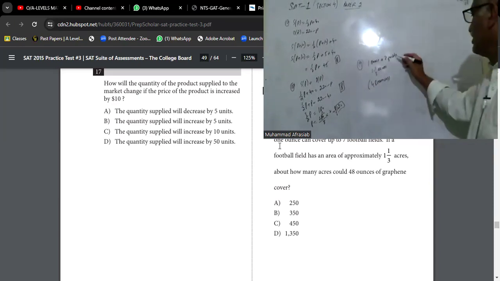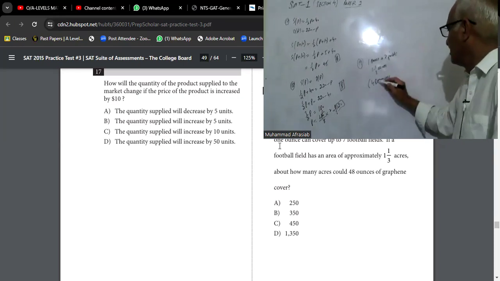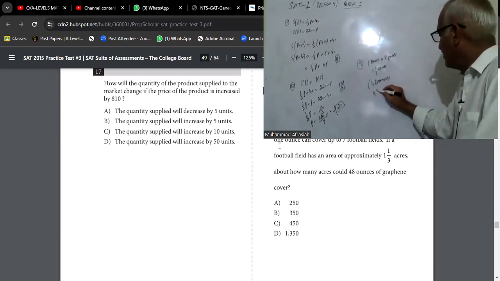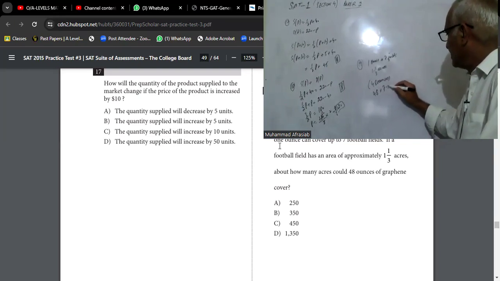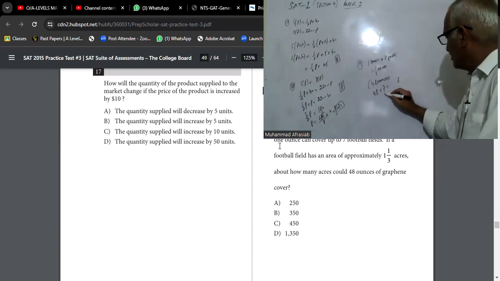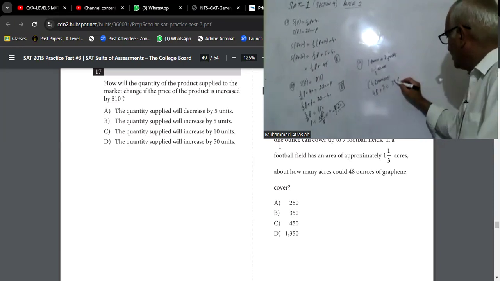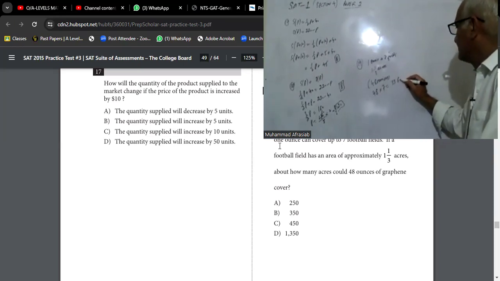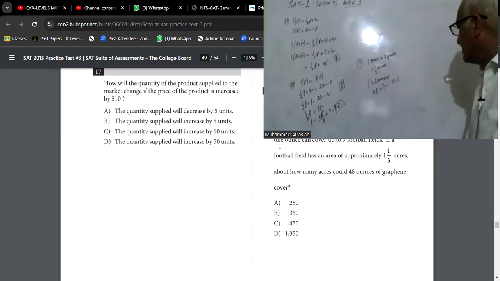So 1 ounce is going to cover 7 fields. So 48 ounces will cover 48 times 7, and that is equal to 336 fields to cover.